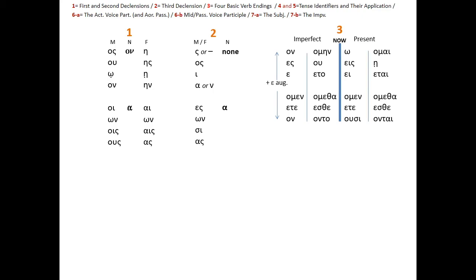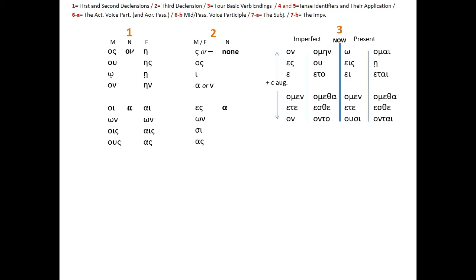The endings of the imperfect tense, active voice in the first column and middle passive in the second column, provide the foundation for all past tenses in the indicative mode. They are also the endings of the second aorist, which is introduced later.